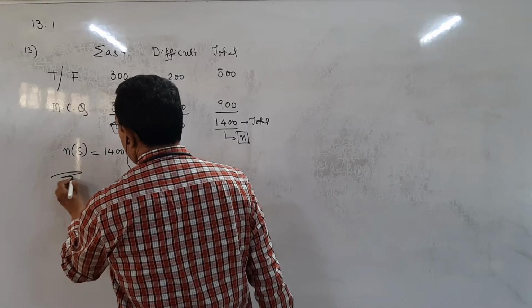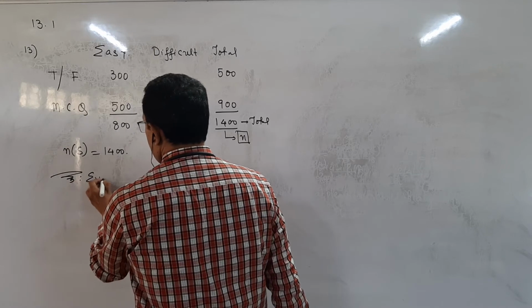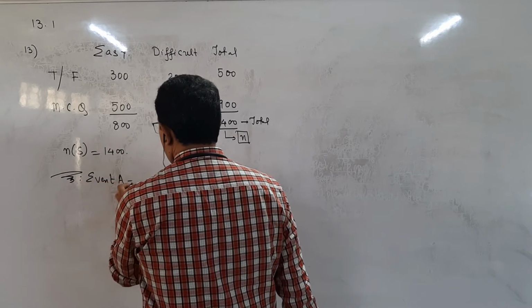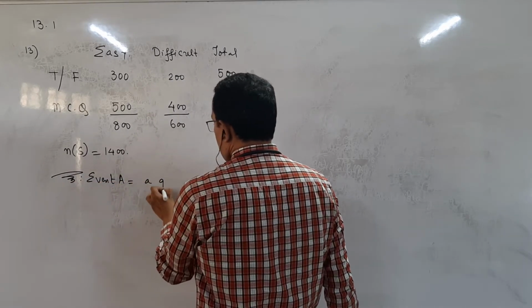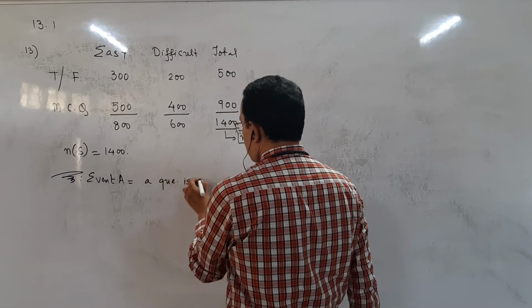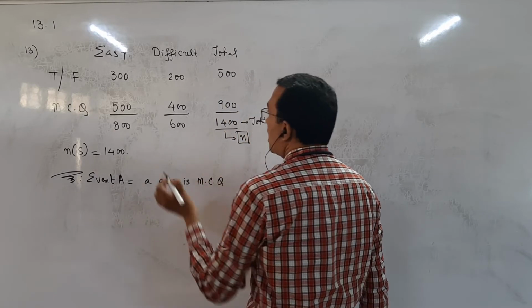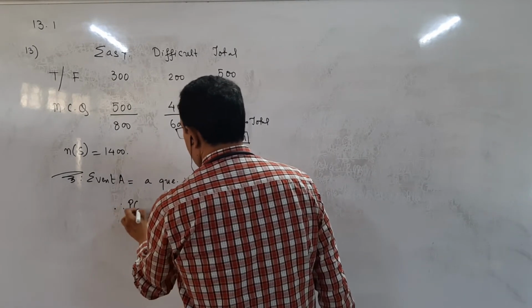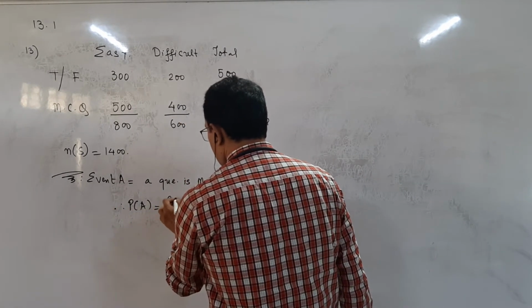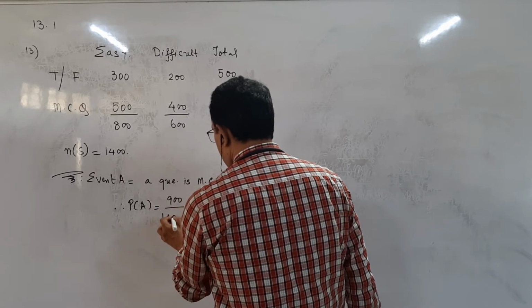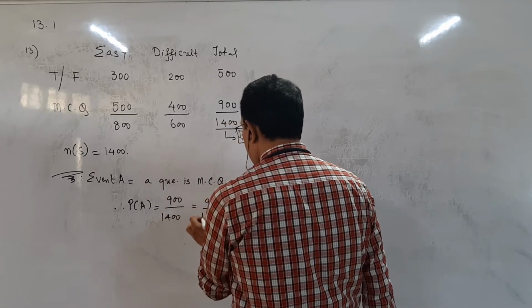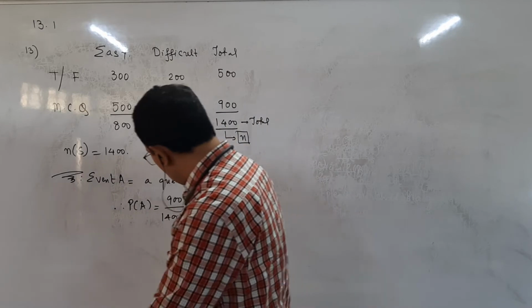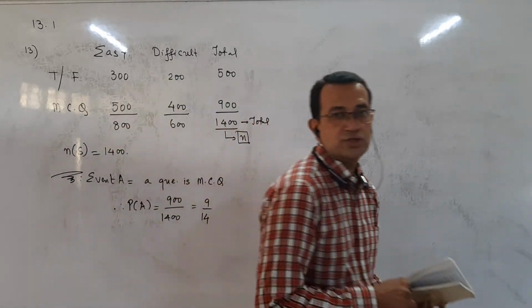Given that, I highlight it as the base event A: a question is MCQ. How many MCQs? We have 900. So the probability of event A is 900 upon 1400.